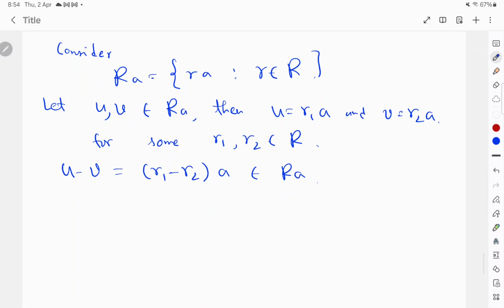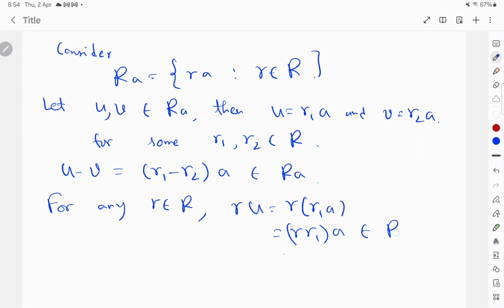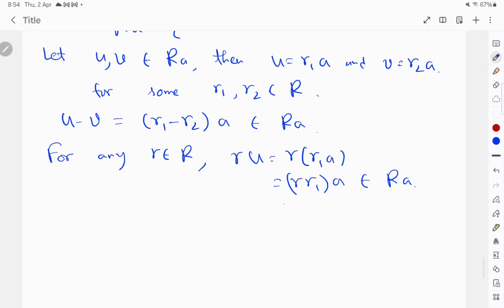Fine. Now for any r belonging to R, if you do r times u, you have r r1 a, just using ring properties. So this type of thing belongs to Ra. This proves that Ra is a left ideal, right? Basically these two things you have to prove for an ideal.